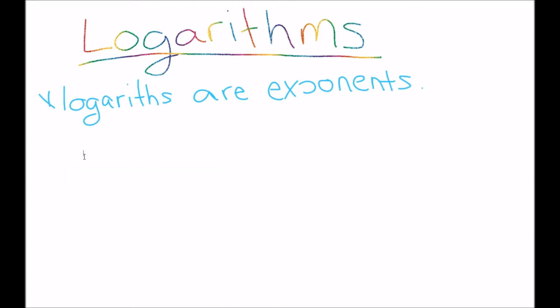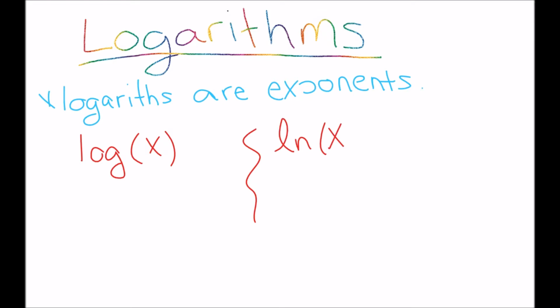And so from there, we have two main categories of logarithms. So we have log, and usually this is assumed to be base 10, but we'll talk about that in a second. Log of some number, some variable, and we have the natural log, or the ln, of some number, variable, etc. So the main difference between these is the bases.